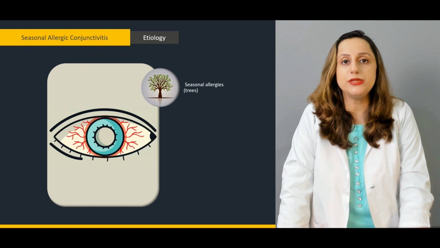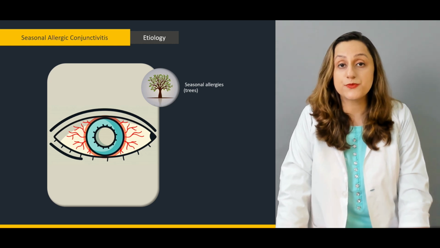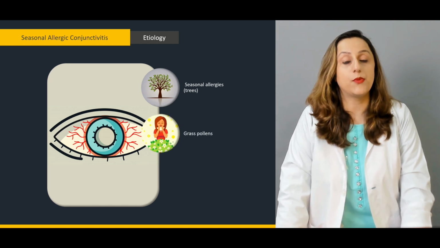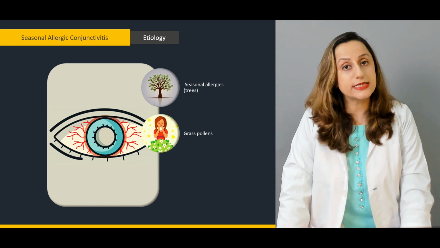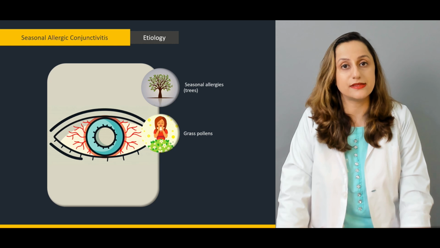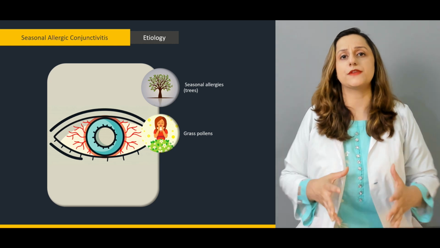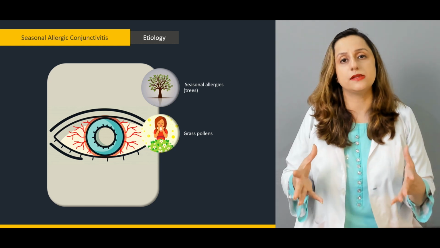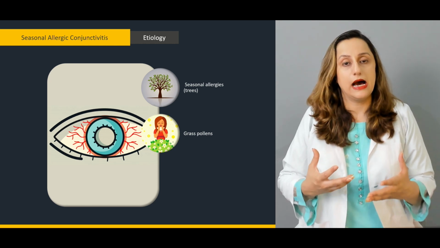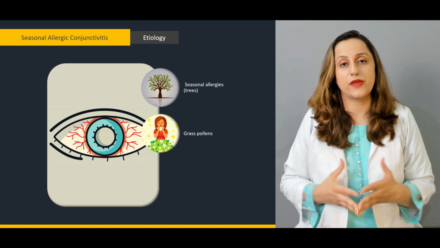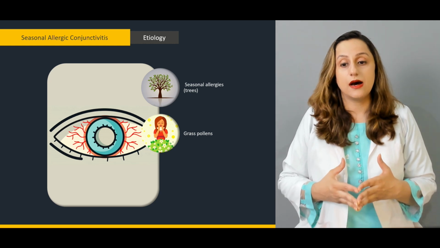For example, trees sometimes produce particular pollens or particular environmental changes that result in these allergic reactions in patients. And only some people are predisposed to catching these environmental changes when there is a seasonal change.